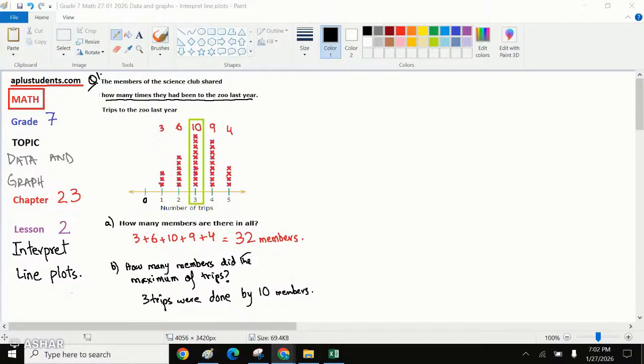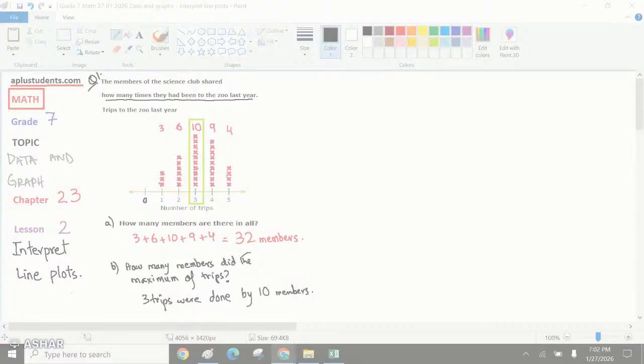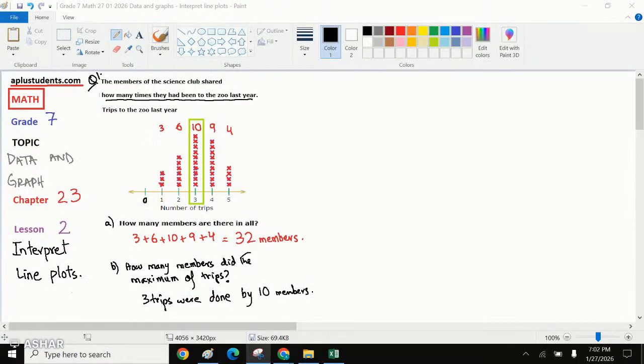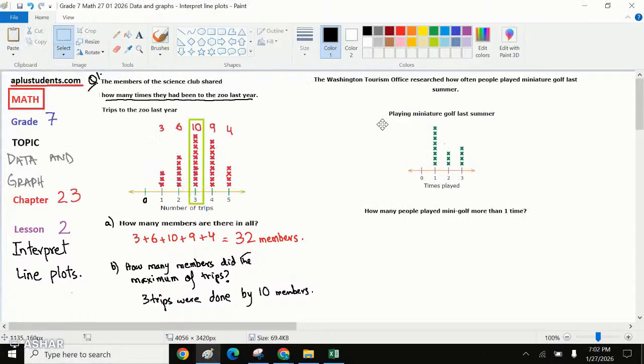Hi Michael, hi Priyan. Okay, what we are trying to do over here is study a line plot and find information. Okay, let's have a look at another example and see what information is provided. Okay, the question says, for question number 2, the Washington tourism.